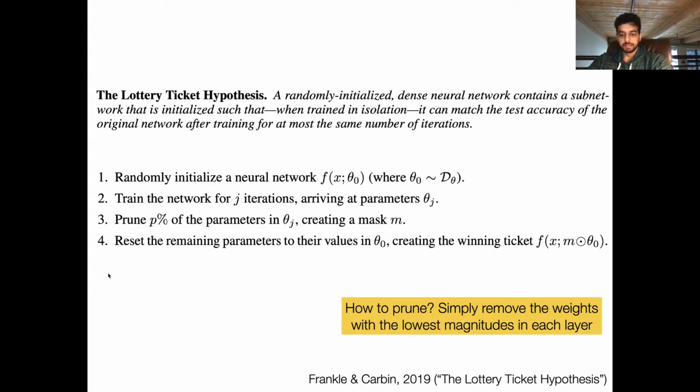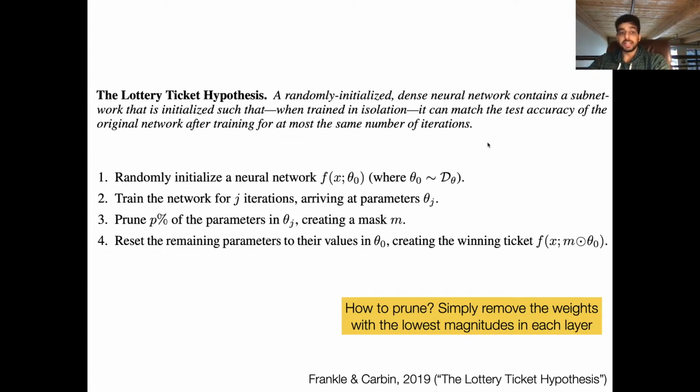This paper was published last year. It's called the lottery ticket hypothesis, and it states that a randomly initialized dense neural network contains a subnetwork that is initialized such that when trained in isolation, it can match the test accuracy of the original network after training for at most the same number of iterations.